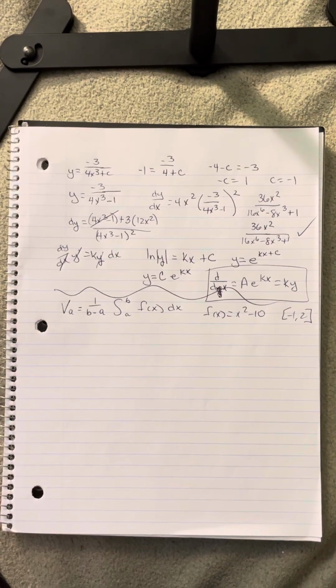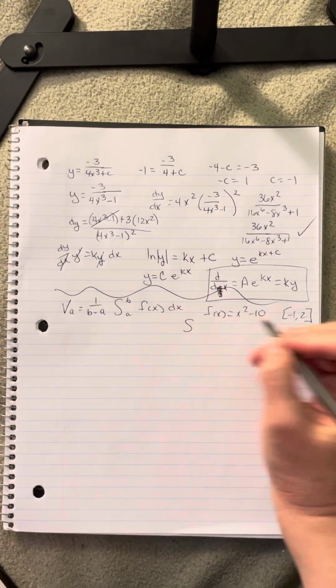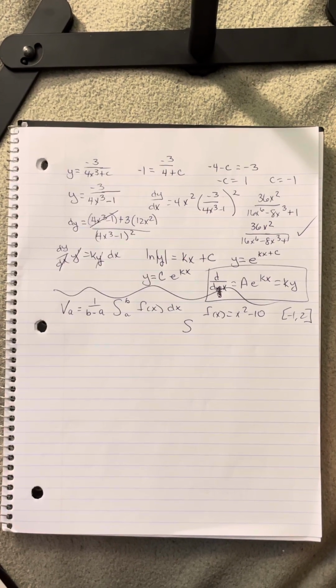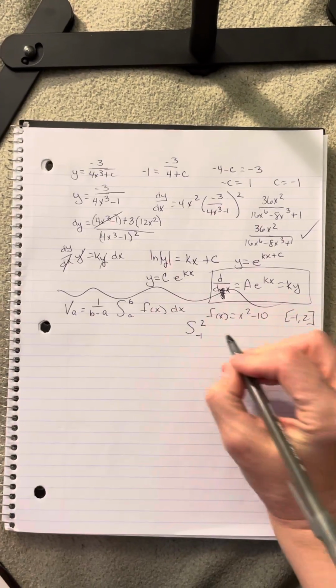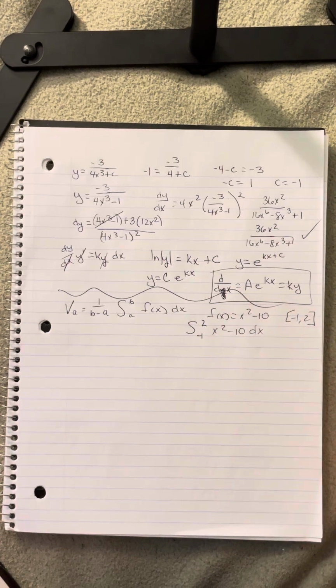Okay, so now we are going to plug this into the formula. So we are going to integrate from the -1 to the 2. And obviously the formula is x squared minus 10, technically dx.